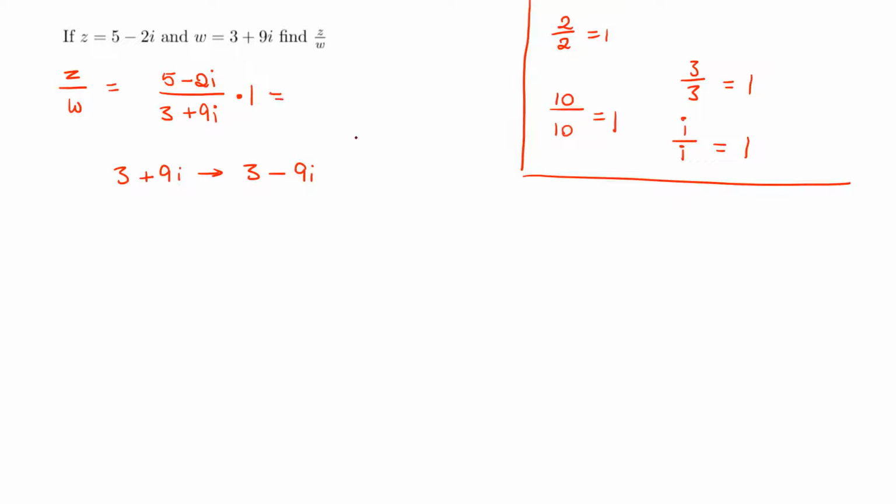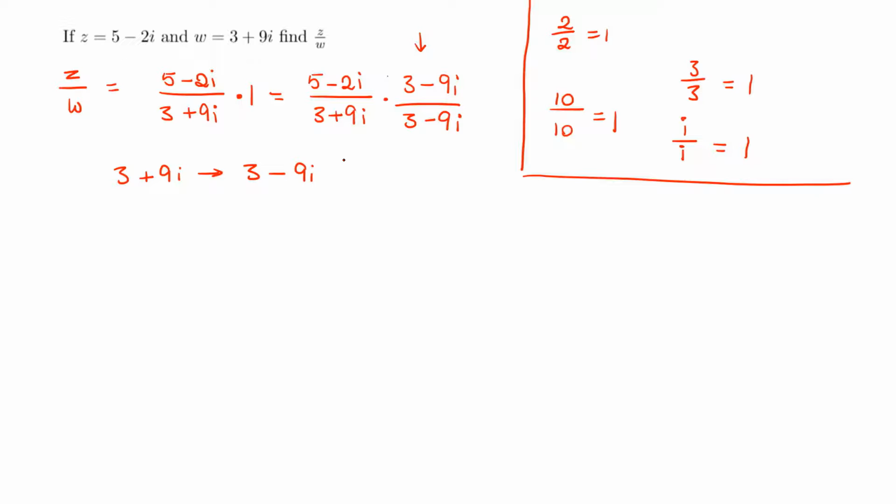So if we change that 1 now to 3 minus 9i over 3 minus 9i, what we're going to get is 5 minus 2i all over 3 plus 9i multiplied then by 3 minus 9i over 3 minus 9i.